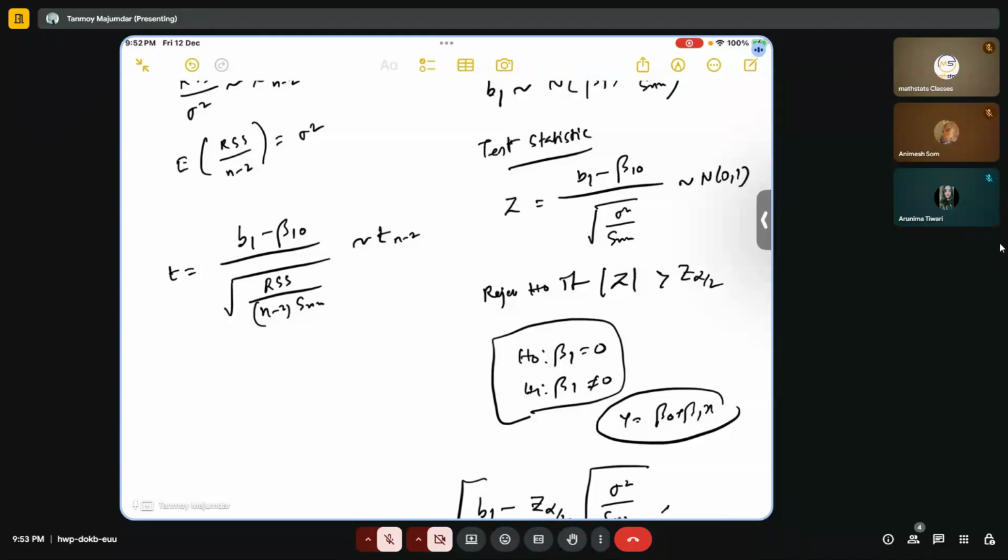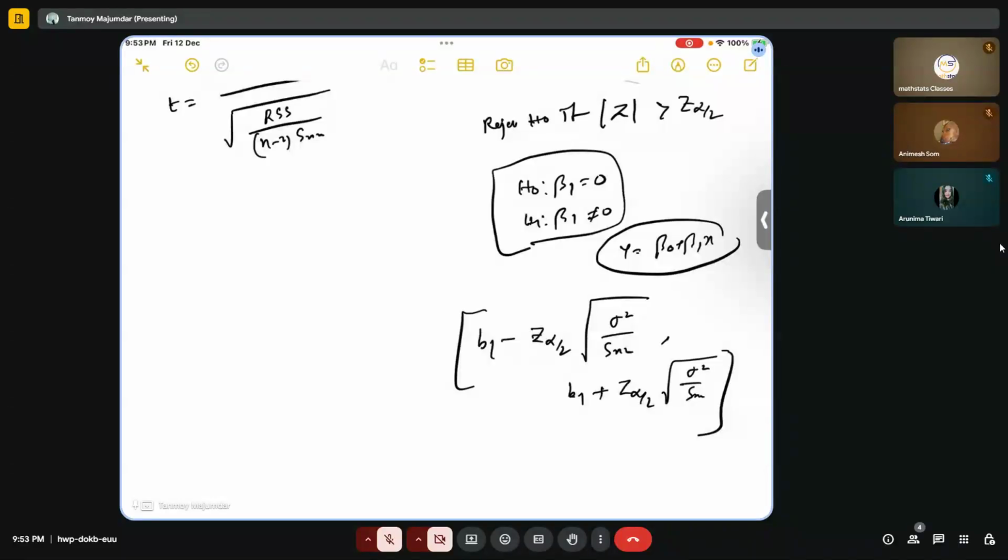So we can compare with the t distribution table, and we can either accept or reject the null hypothesis. Okay, right?